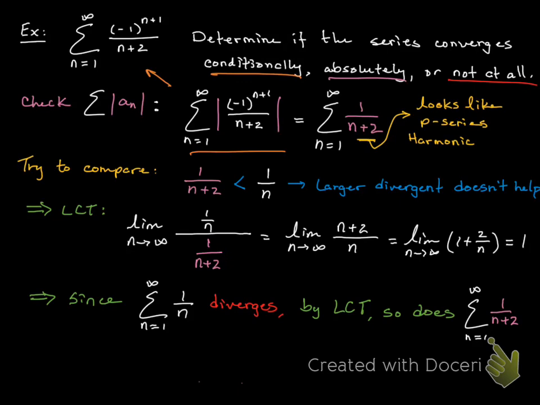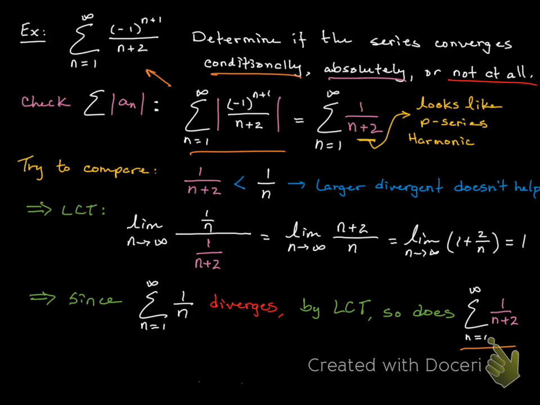Okay? What's going on? I've taken the absolute value of my original series to hopefully check if the series with the absolute values converges. If it had converged, I would be done. But we have shown that the series with absolute value actually diverges.